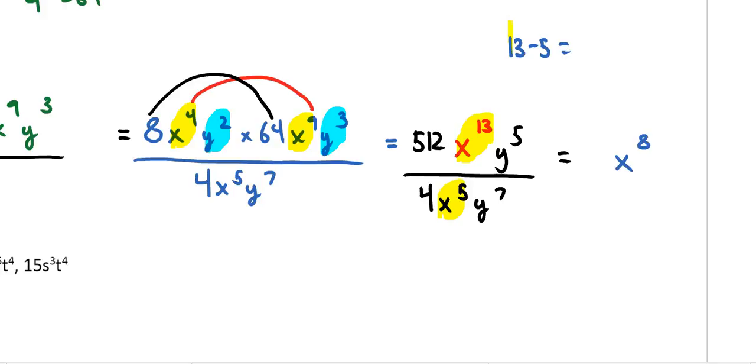And then if I look at this y to the power 5 and this y to the power 7, I'm definitely going to have more y's on the denominator, so I'll have 2 extra y's on the denominator. And then finally, 512 divided by 4, if you calculate that out, that's going to be 128. So 128 x to the power of 8, and y squared should be your final answer on that one.